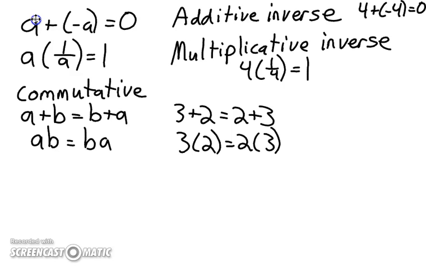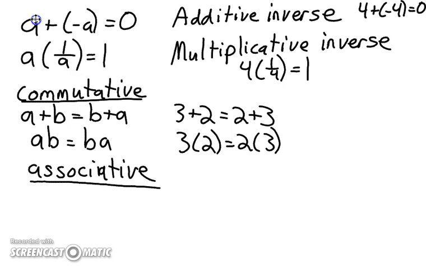Your associative property is the one that says that if you change where the parentheses are in addition, it's not going to change the problem. It's very similar to commutative, except it's going to have more than 2 terms in it.